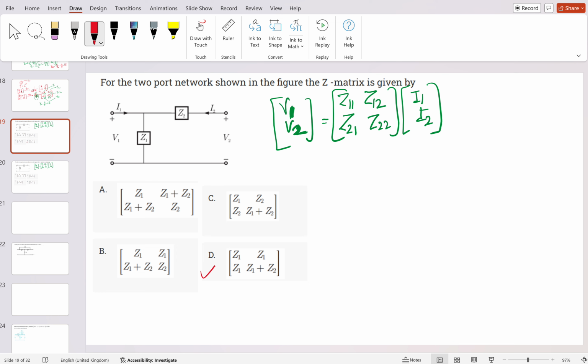Okay, I got the answer as C. It was changed. Okay, last 1 minute. After that, I will give the solution for this.